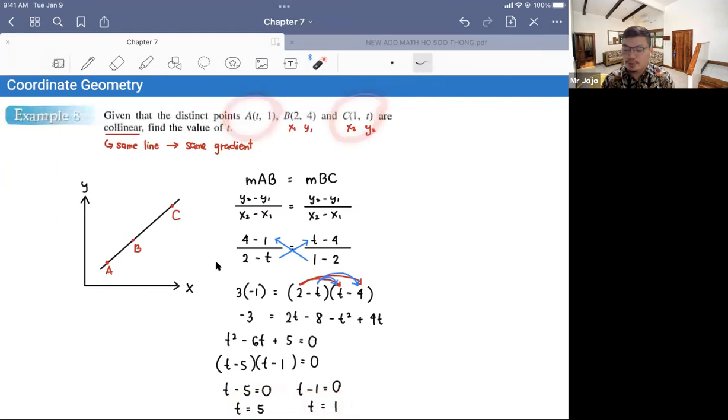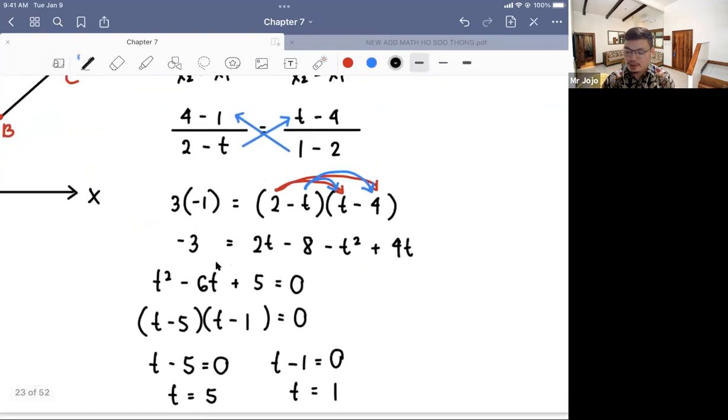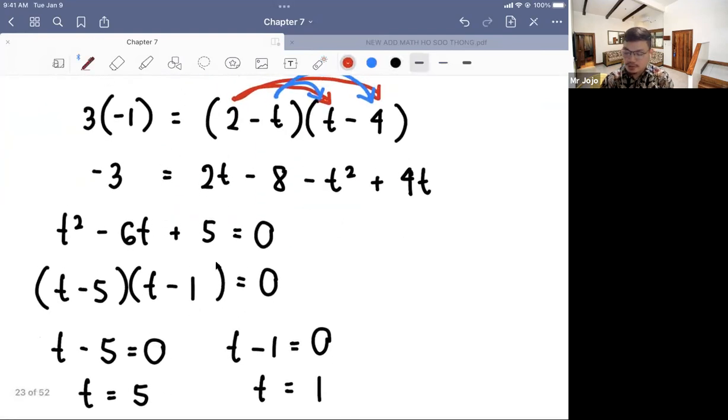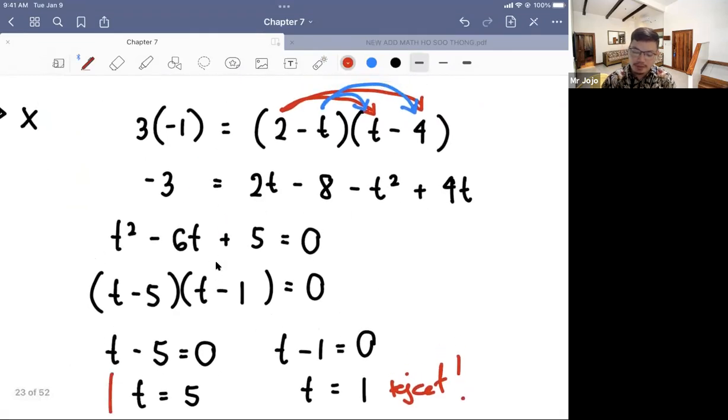Point A and point C should be different or distinct from one another. So therefore, I'm going to reject t equals 1. This is not the correct value, so I'll reject this one. So the correct answer is t equals 5. All right, so there you go.